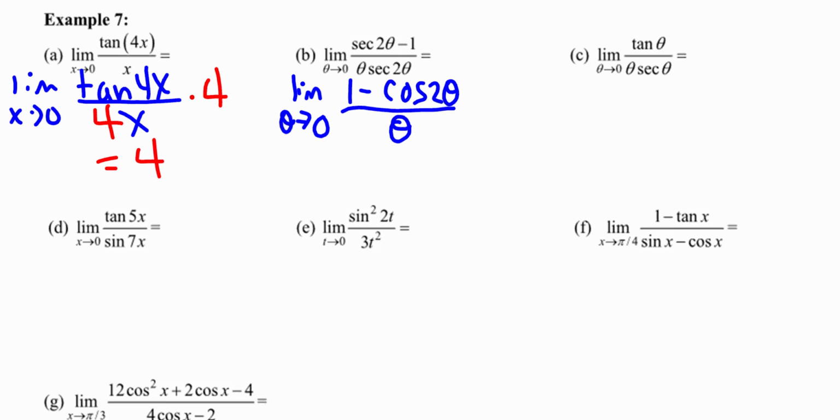That's close to being what I want it to be. So if I multiply this by 2, this by 2, alright, I know that limit is 0, 0 times 2, still 0. Let's try the next one.